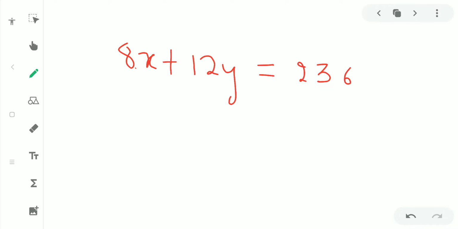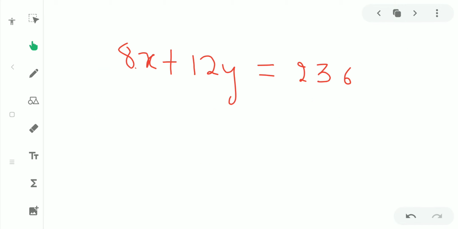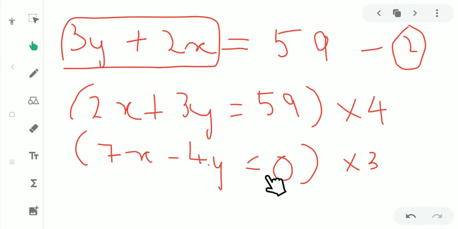The next one is 3 into 7x, nothing but 21x, minus 3 into 4, nothing but 12y, is equal to 3 into 0, nothing but 0.